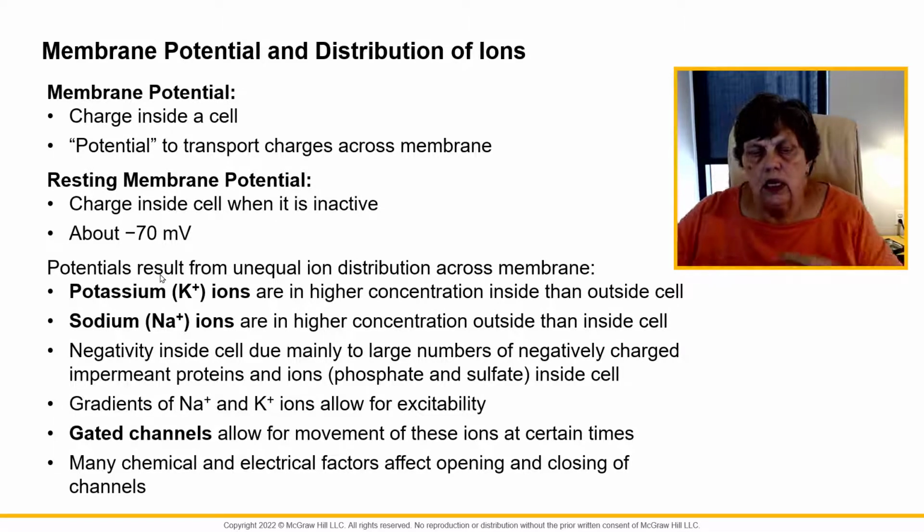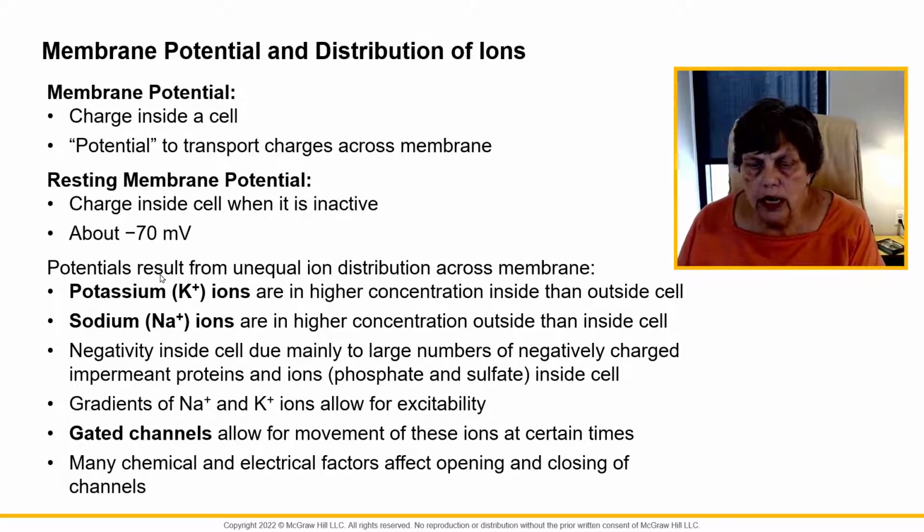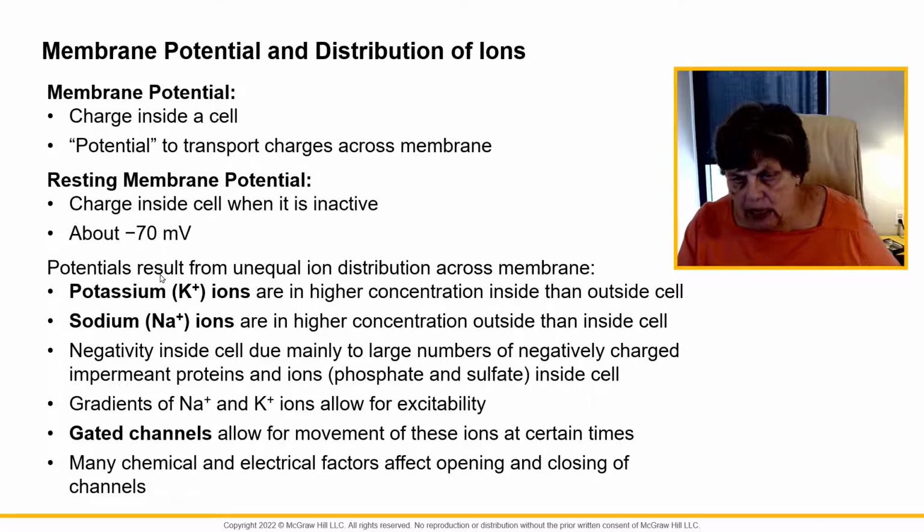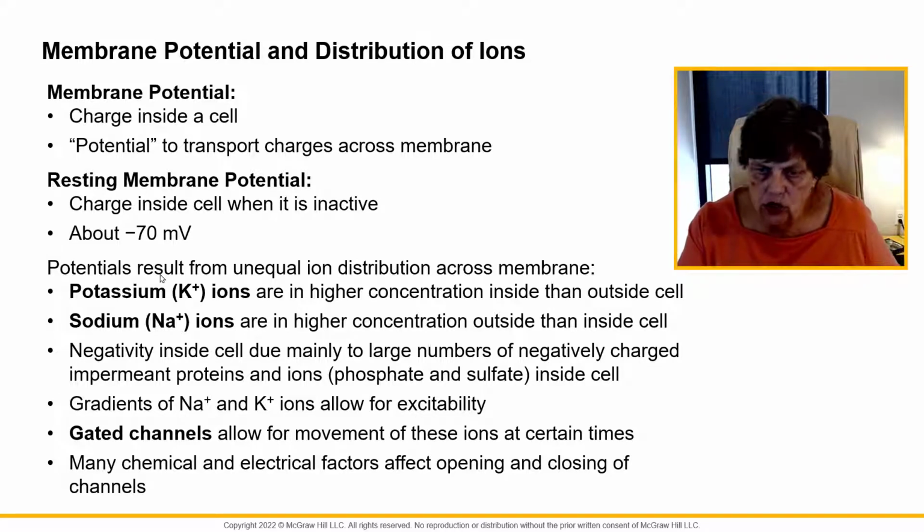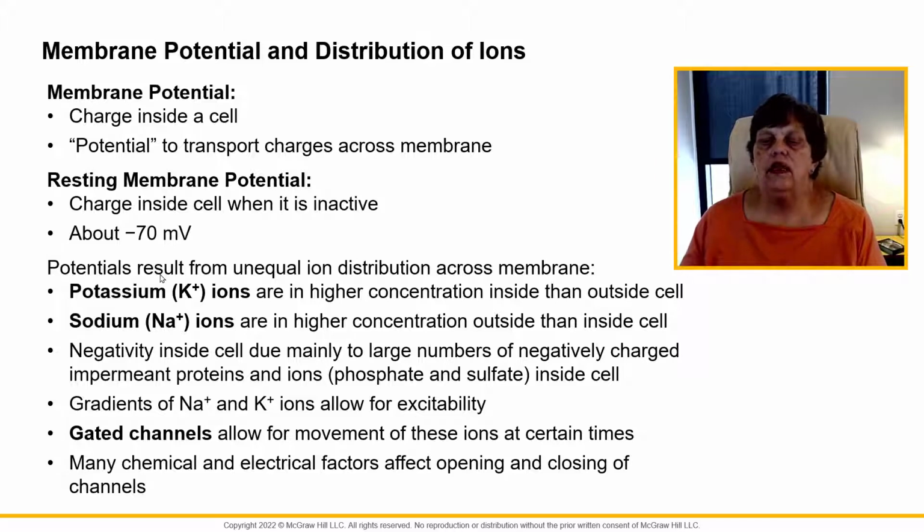Sodium ions are in higher concentration on the outside of the cell, and potassium ions are in higher concentration on the inside of the cell. And basically it's slightly negative inside the cell because of the large number of negatively charged proteins and ions in the cell. It's the proteins that are really adding to this.